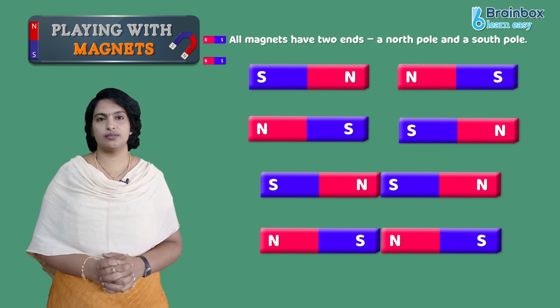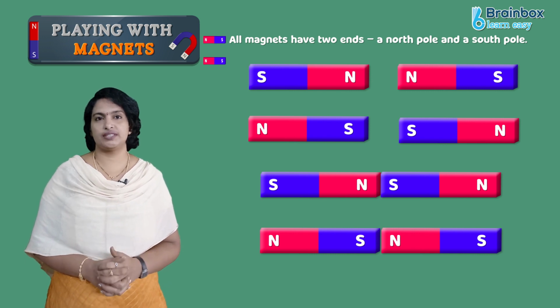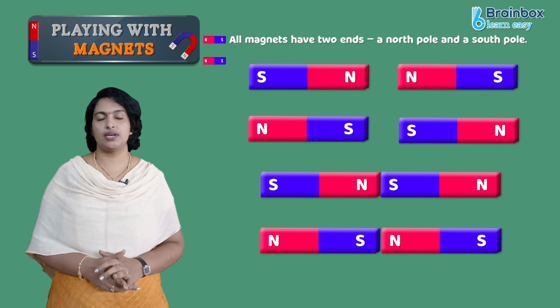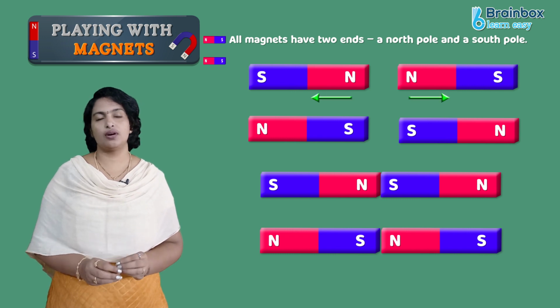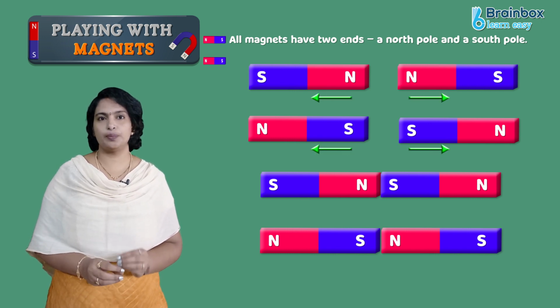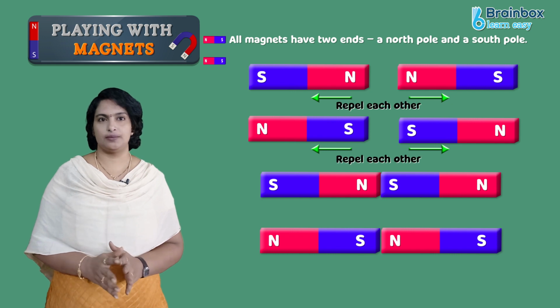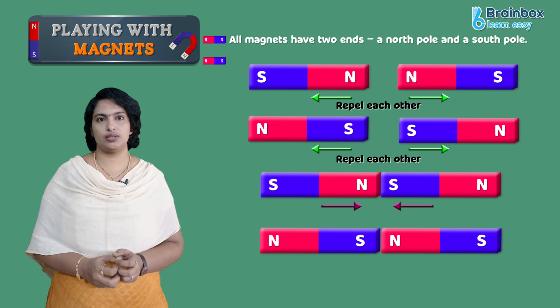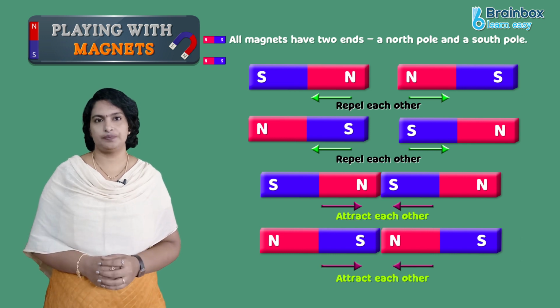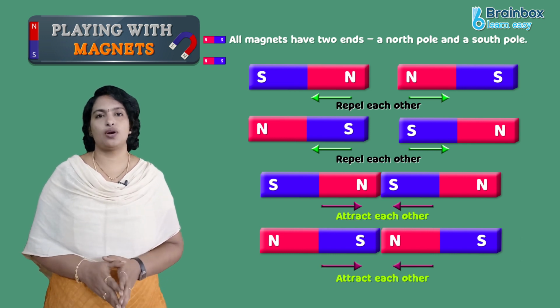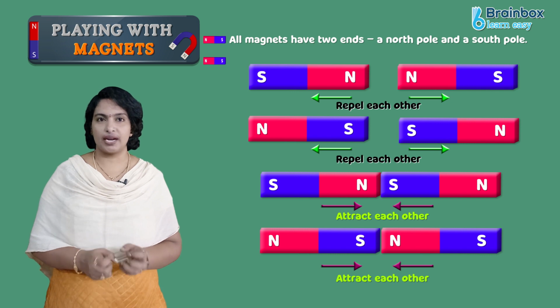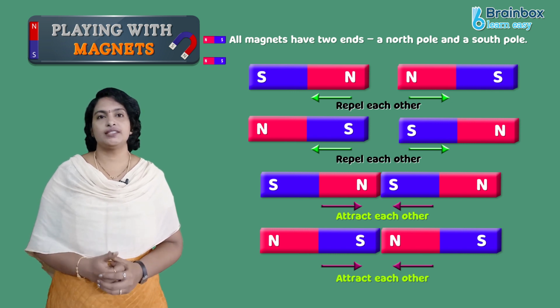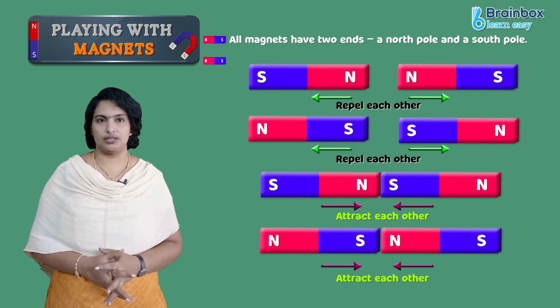What do you observe? You can notice that like poles, like north-north or south-south, of two magnets repel each other, and the unlike poles, like north-south, attract each other. So unlike poles of two magnets attract each other, whereas like poles repel each other.